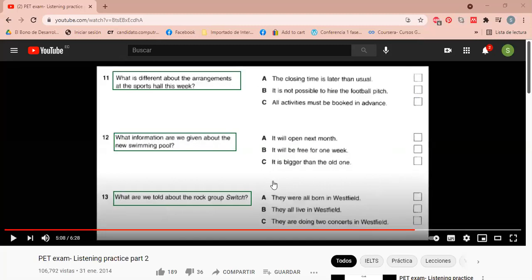Okay, then we have, what is different about the arrangements at the sports hall this week? ¿Qué había de diferente? A, B, or C? The closing is later. It's not possible to hire, or all activities must be booked. Okay, I have a C and an A. Somebody else has the answer of number 11.